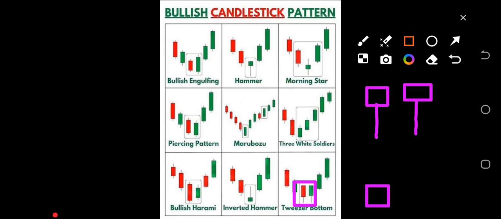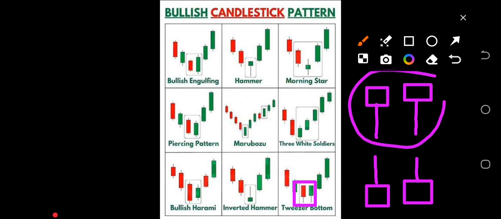This is a tweezer top. This is a tweezer bottom, please, when it is facing up, and this is a tweezer top when it is facing down. Okay, so all these candles, you are going to see them on a live chart.